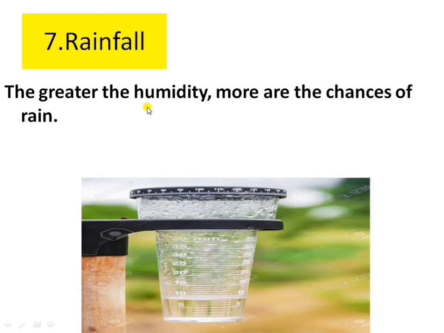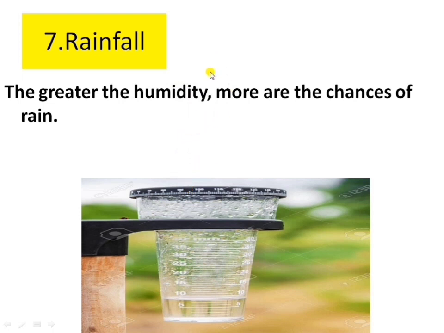Do you have any idea how rainfall occurs? First of all, the water that is present on the earth evaporates, goes up and forms clouds. The forming of clouds is condensation.